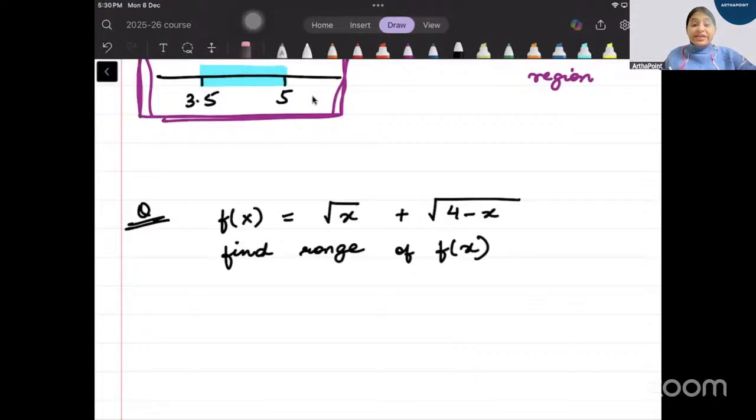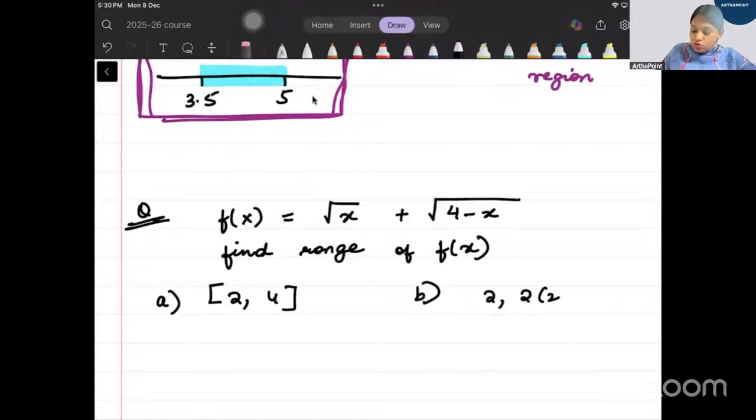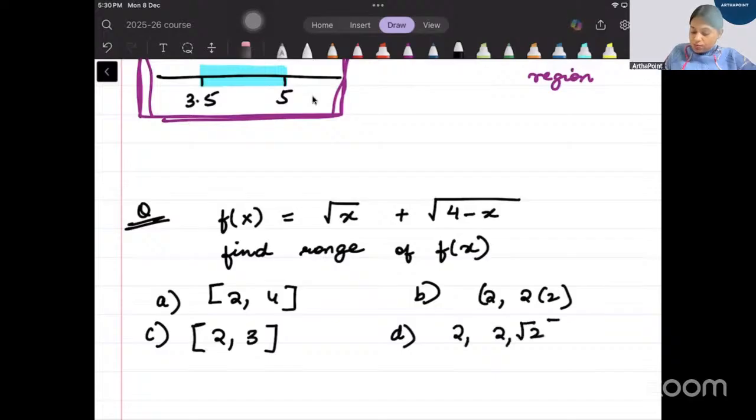You have to find the range of the function, and the options are 2 comma 4, 2 comma 2 root 2, 2 comma 3, and 2 comma 2 root 2. Find the range of the function.